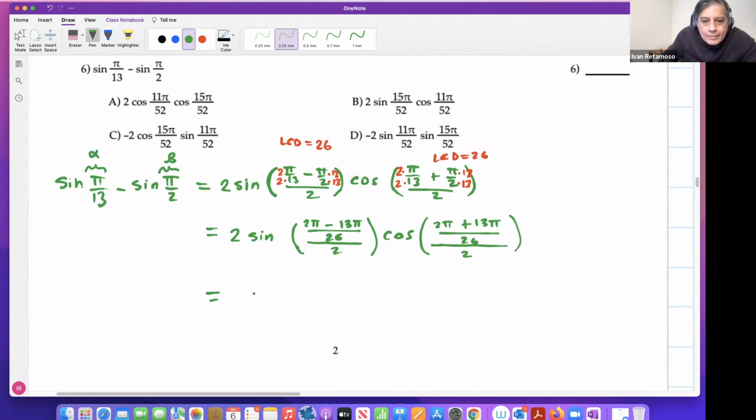Now, what happens on the top here? 2 sine of what? 2 pi minus 13 pi is minus 11 pi, right? Minus 11 pi over 26 all over 2. Cosine here of 2 pi plus 13 pi is 15 pi, right? 15 pi over 26 all divided by 2.